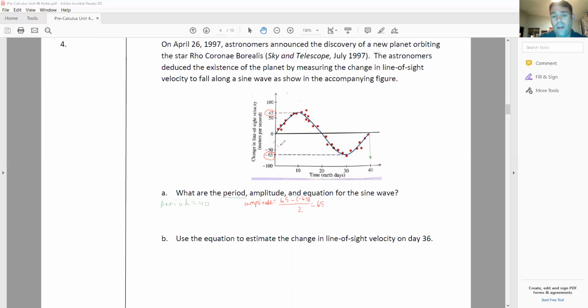So the next thing they asked me to do, there were no phase shifts on here. That's pretty cool. The next thing, though, they asked me to do is write an equation for it. So I'm going to write an equation in terms of sine. I don't have a C and a D value here because there were no phase shifts, but I'm going to go through here and plug everything into my transformation of sine.